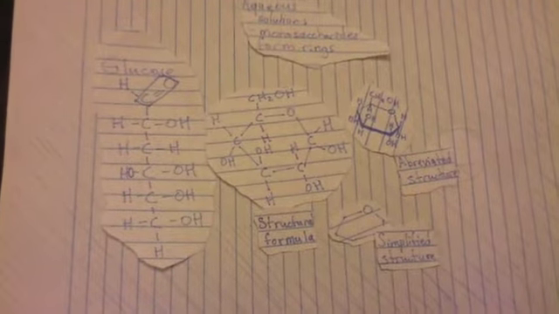This is the structural formula of glucose in aqueous solution. This is the abbreviated structure of the same thing, and this is the simplified structure. These are all glucose and may be used in different cases.